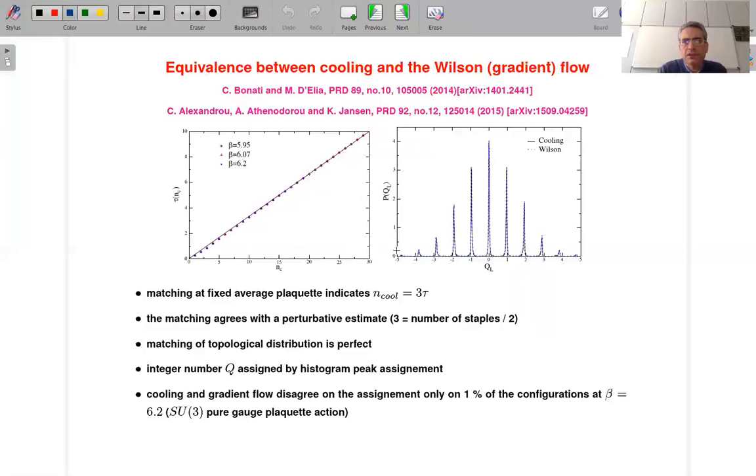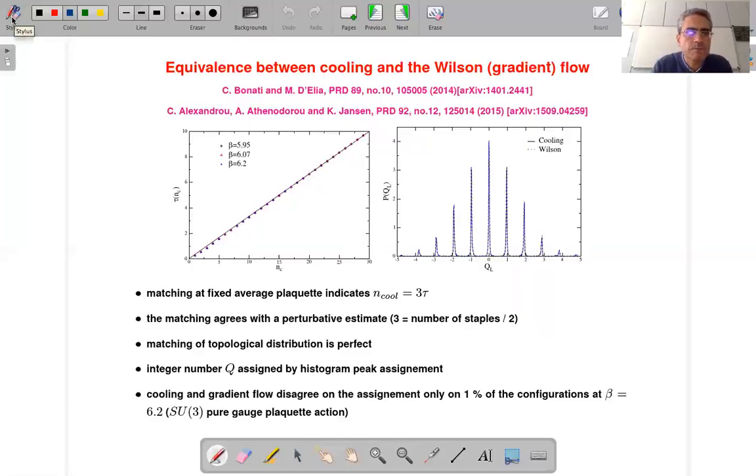This is the topological charge distribution that you get after smoothing, and this is a comparison between cooling and the Wilson flow. So let me make a zoom of this picture.